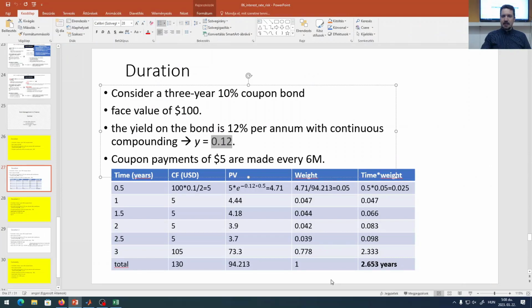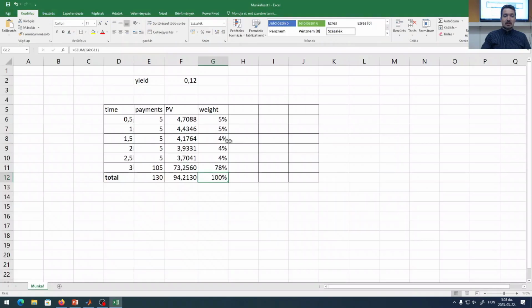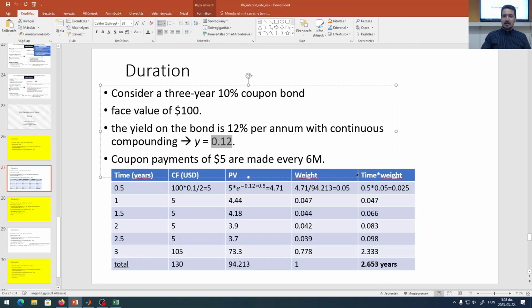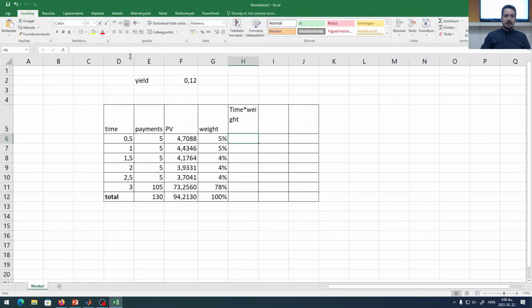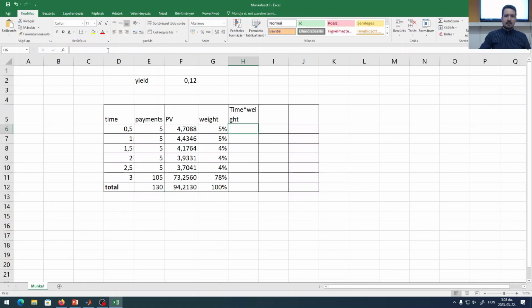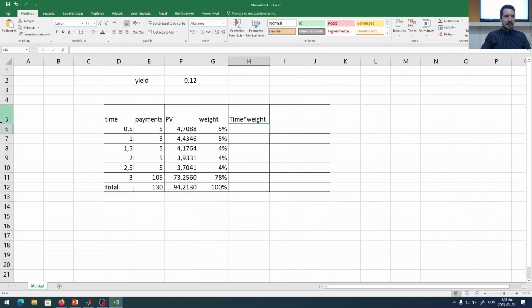Okay, and after that, we just have to take the time to weight, and after that to be really happy about this, because this will give us the duration.